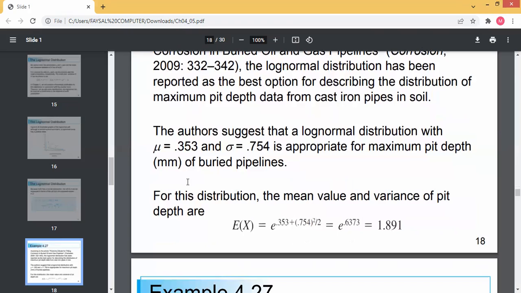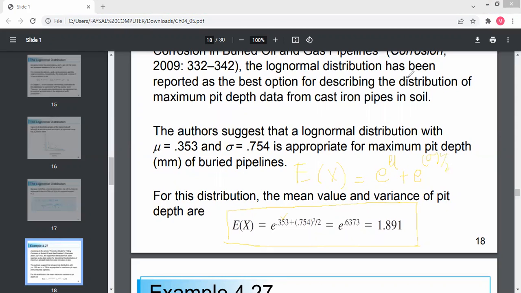E of X will be equal to e power 0.353 plus 0.754 squared divided by 2. This is basically written as E of X equals e power mu plus sigma squared divided by 2.